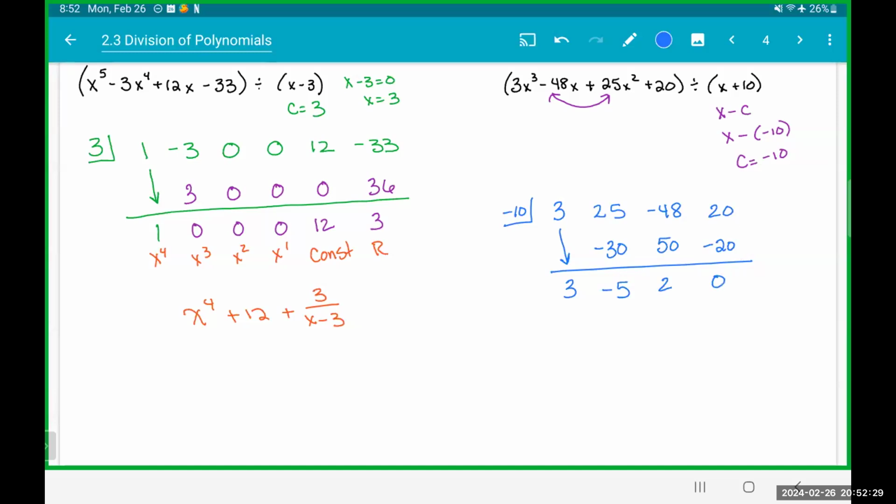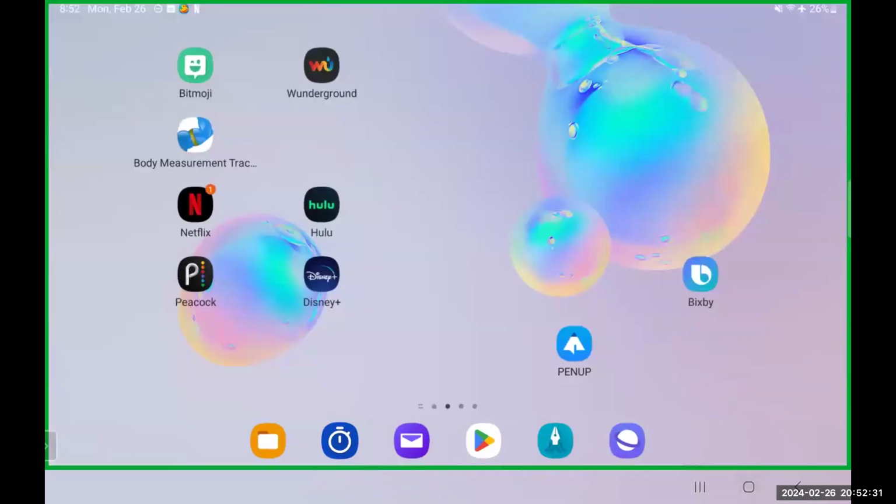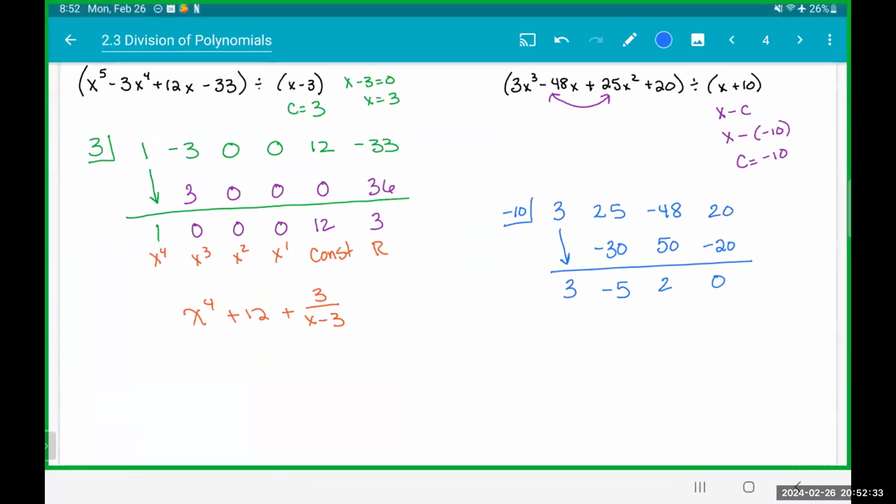Our highest exponent is x cubed, so this is going to be x squared, x, my constant, and my remainder. So I could write this out as 3x squared minus 5x plus 2 as the solution. Question?